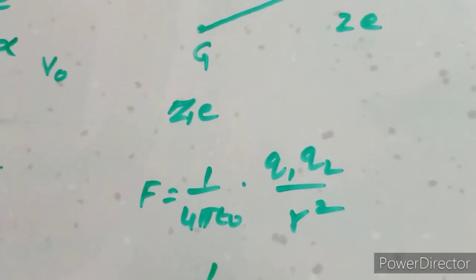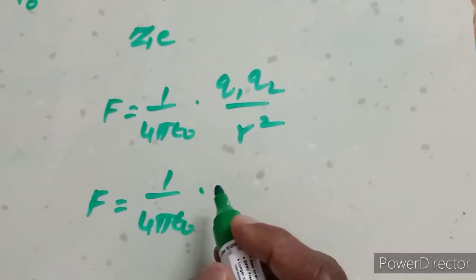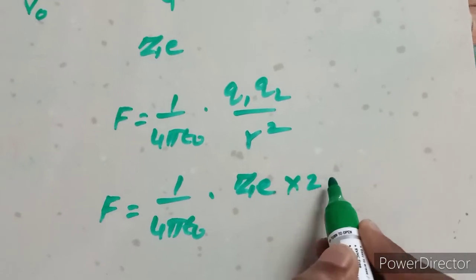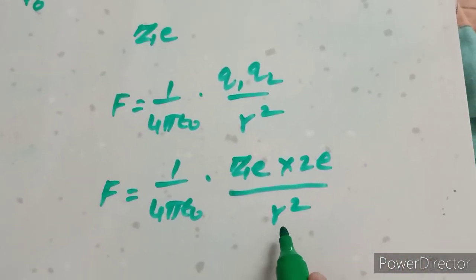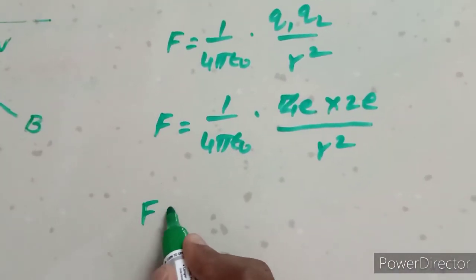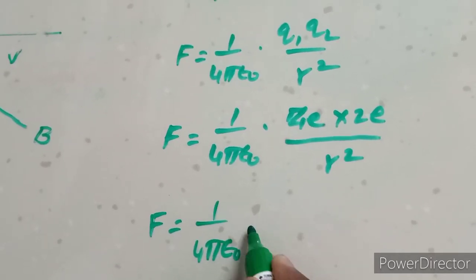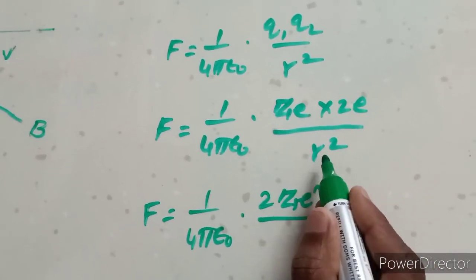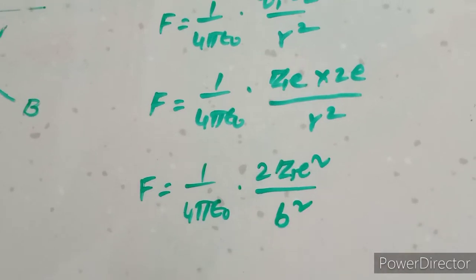Here r is the distance, that is the closest distance of approach, b. So F equals 1 upon 4 pi epsilon naught 2 Ze square upon b square.